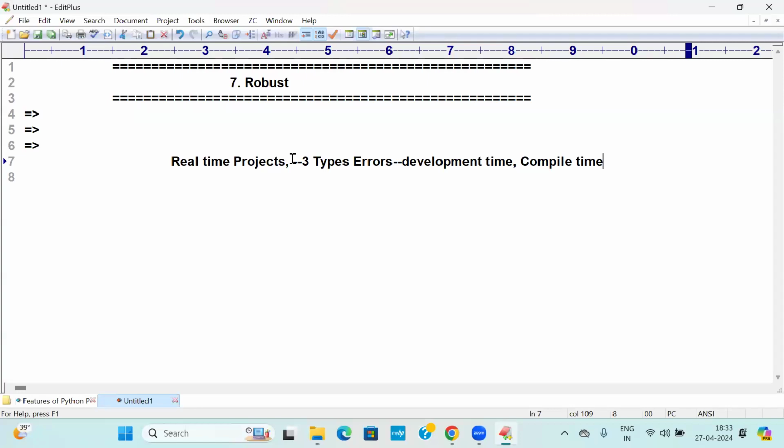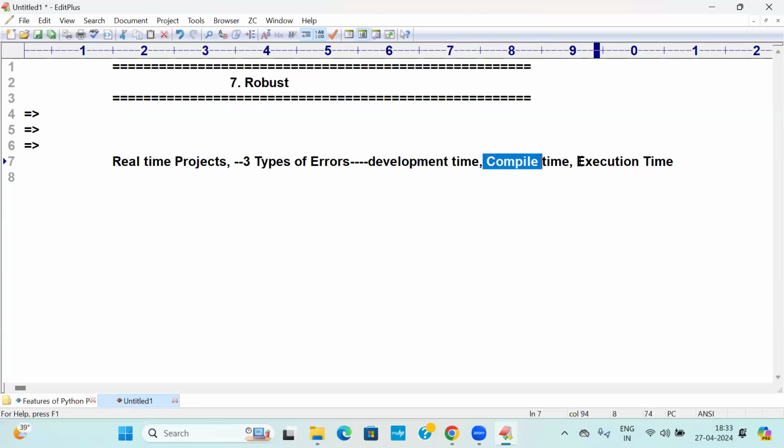And next is called what? Execution time. So in real-time projects, there are three types of errors: development time, compile time, and execution time. We get three types of errors.